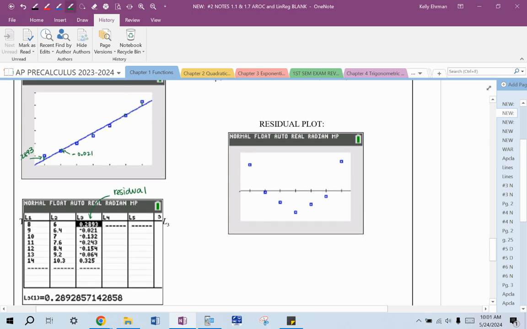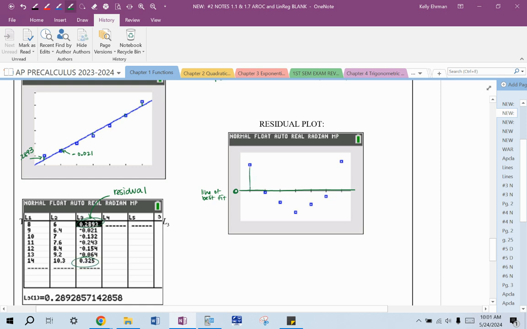Well, this is the line y equals 0 right here. And think of that as the line of best fit. If a point had a residual of 0, it would be sitting exactly on this horizontal axis. If a residual is positive, like here's one of the largest positive residuals, and here on the other end is a positive residual.